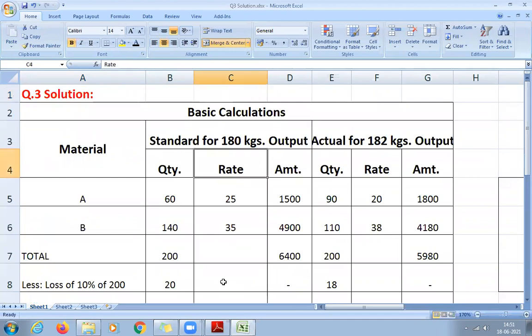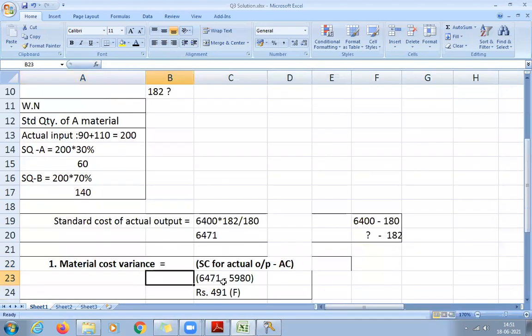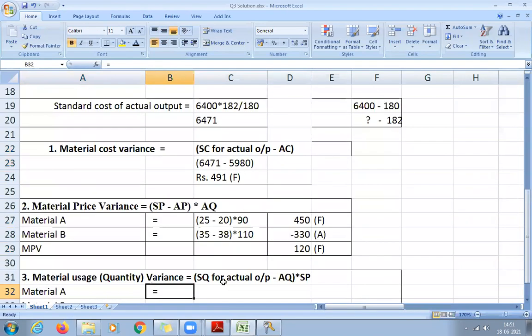A is 60 for 180 output, but actual is 182, so how much is for 182? We cross multiply: 60 into 182 divided by 180. Same way we did for the cost.